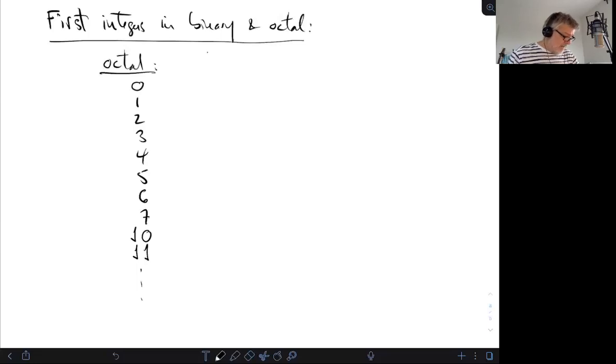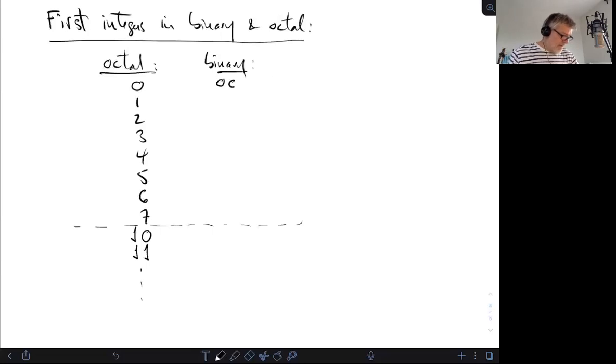Let's look at them in binary now. Okay, and I'll write them on 3 bits. Okay, so up to this point, I'll use 3 bits.